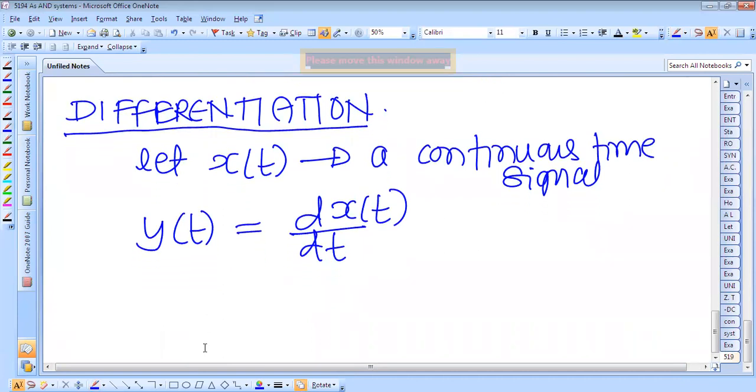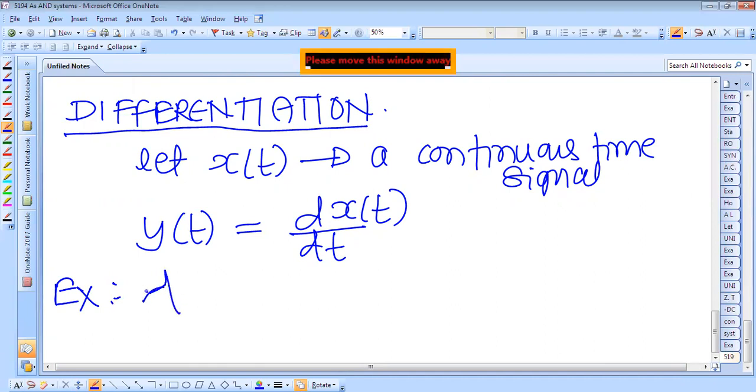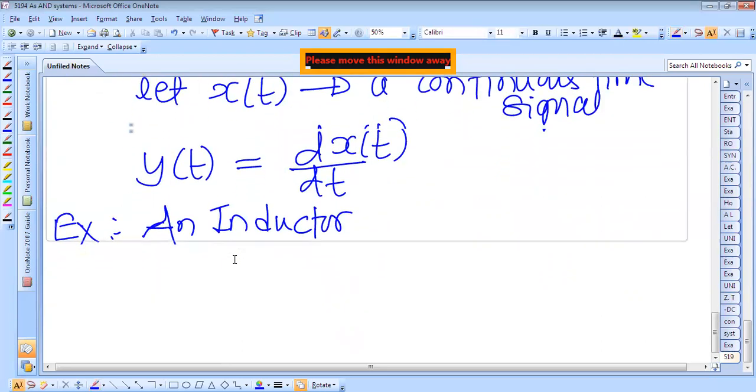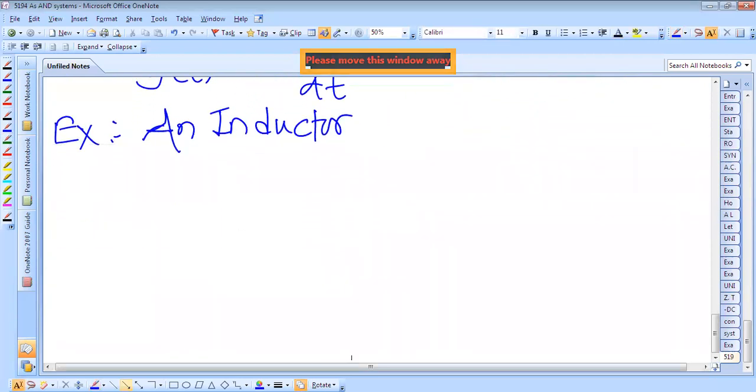The example of differentiation is the inductor. An inductor performs differentiation.